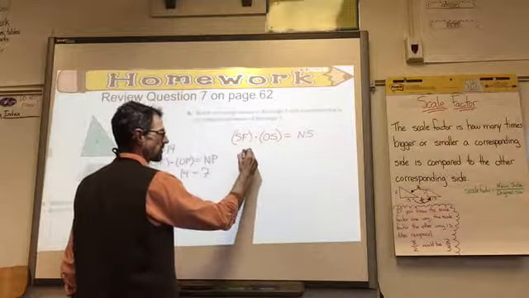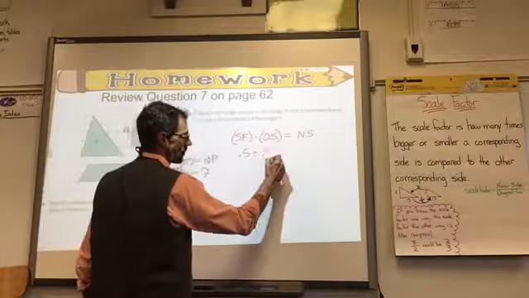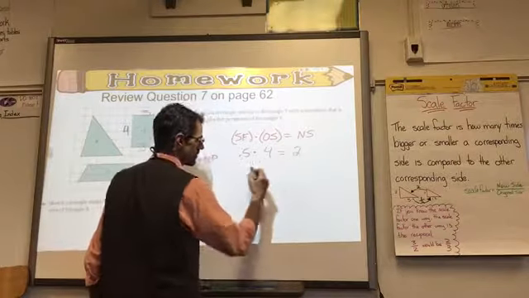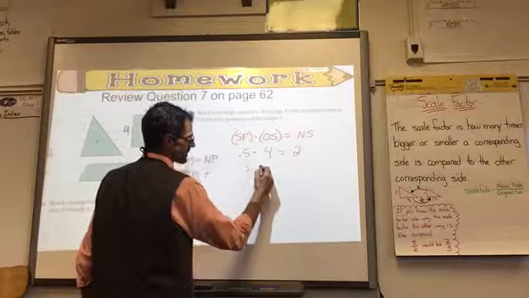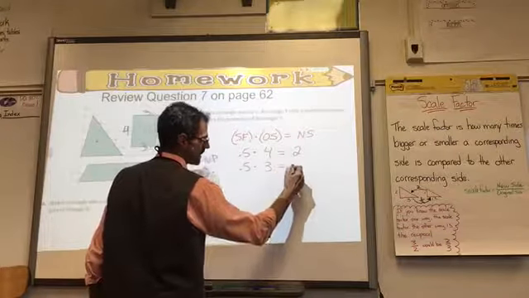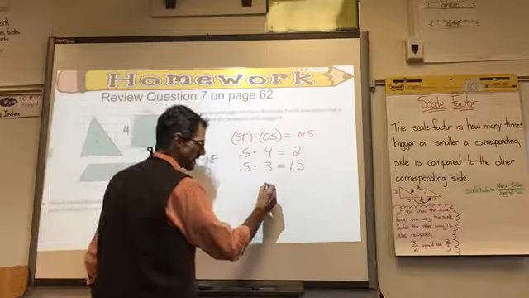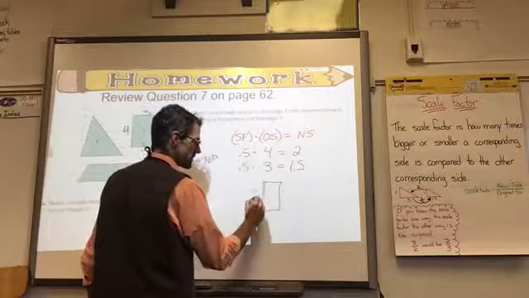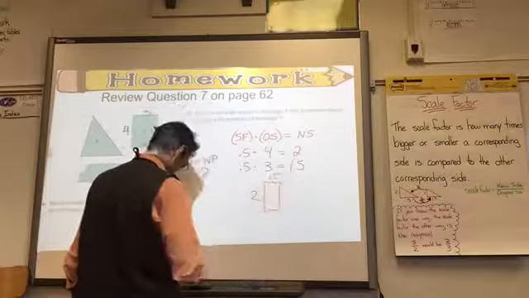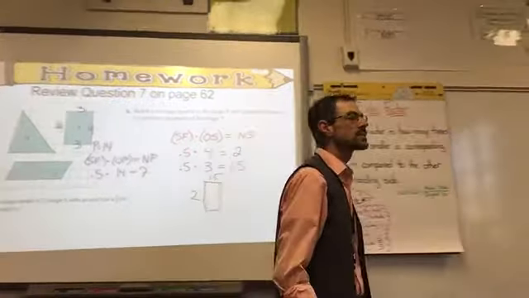So scale factor of 0.5 times 4 equals 2, and then 0.5 times 3 equals 1.5. So now I can sketch it, 2 by 1.5. So that's how you do that.